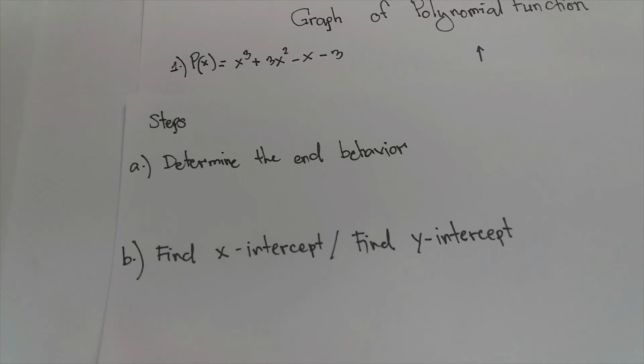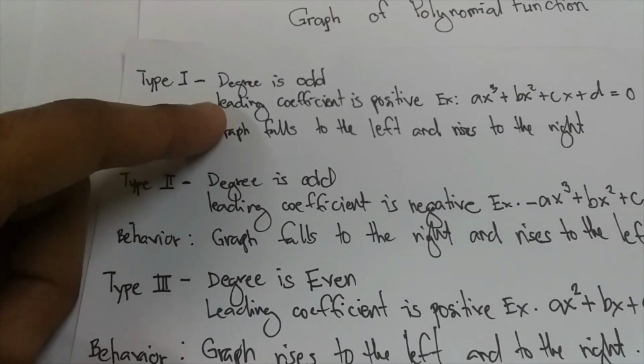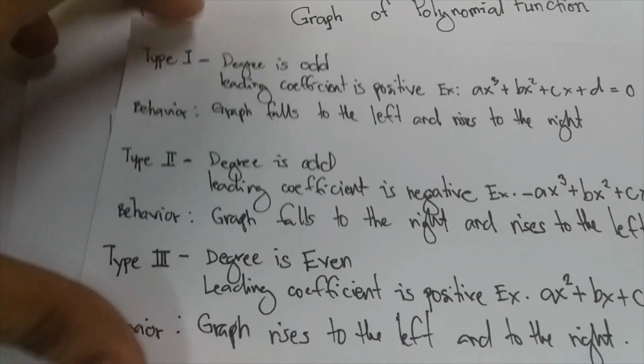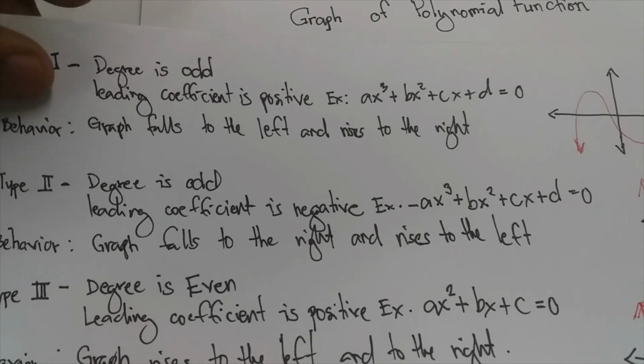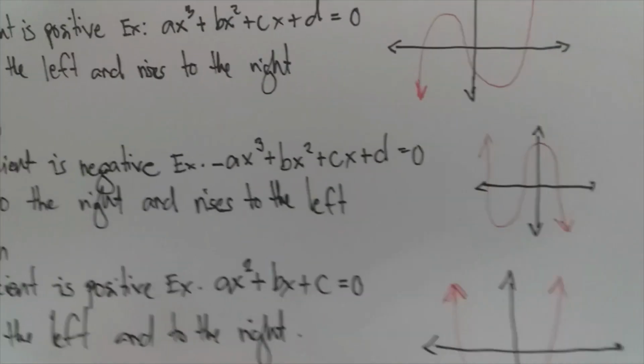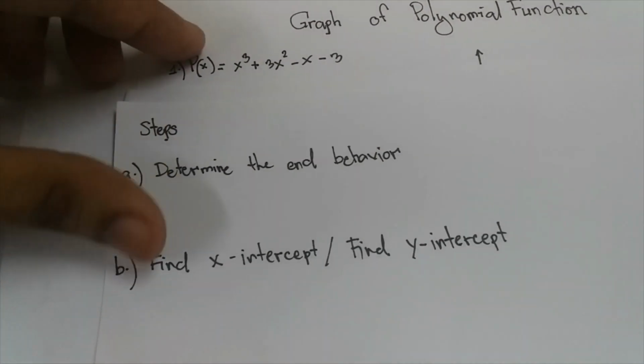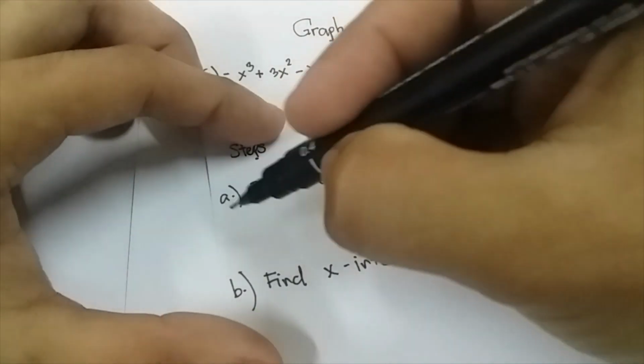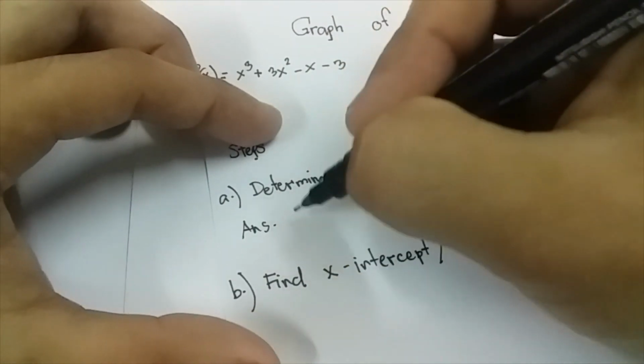Therefore, it is type 1. The degree is odd, the leading coefficient is positive. So the behavior of the graph falls to the left and rises to the right. The answer for this is type 1.